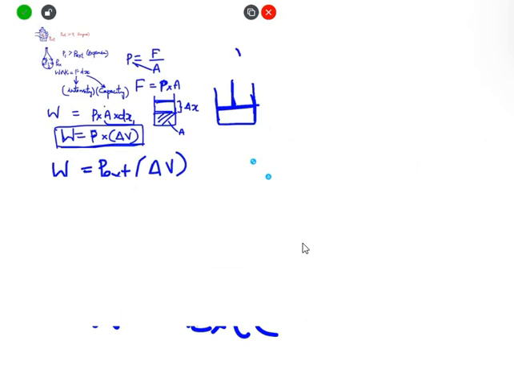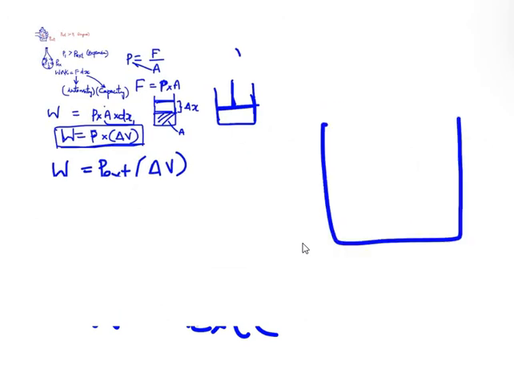Assume you have a container with a frictionless piston kept here. Now, if I put more pressure here outside, what will be the direction of the piston? Will it go downwards or will it move upwards? Downwards, it is going to move downwards.